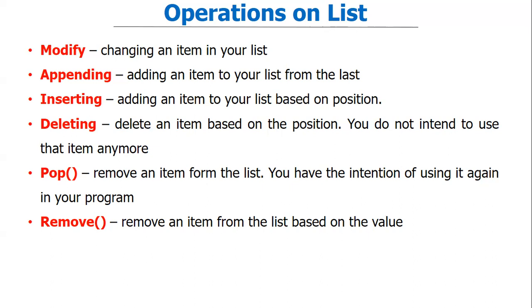Now we have the insertion. The insertion basically means that you are going to add an item to your list based on position. So you know that the count of items in our list starts from 0, 1, 2, 3, and so forth. So if you have an item, let's say Obed, representing index 0 in your list, you can specify that this time around, the position that is 0, I don't want it to be Obed.